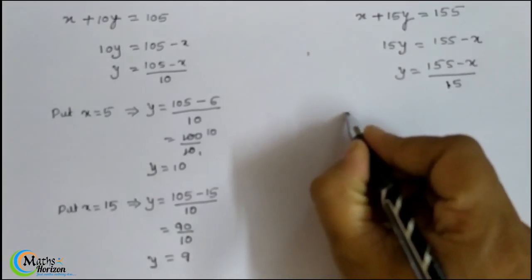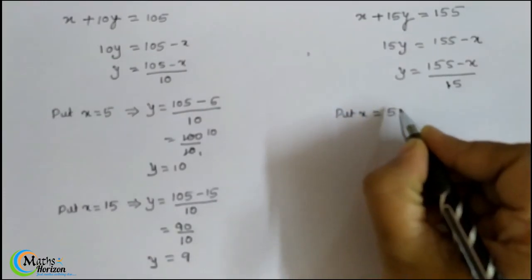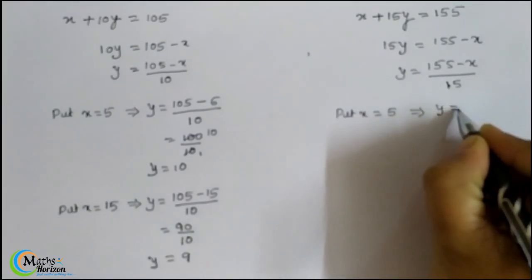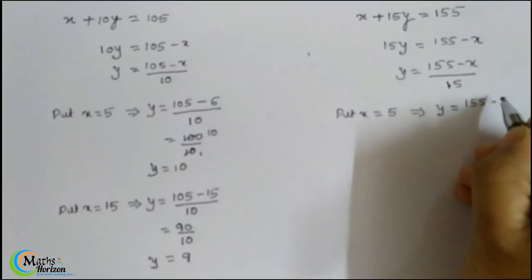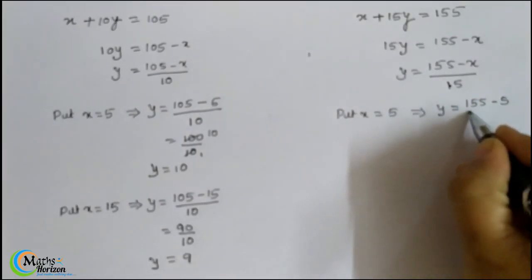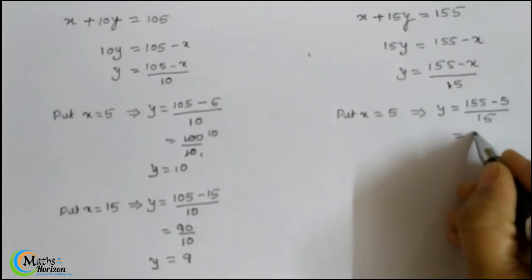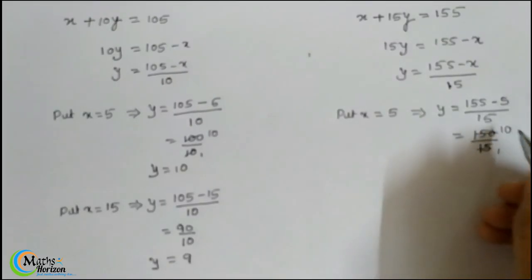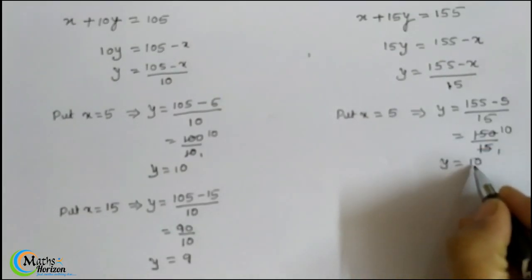Now substituting, put x is equal to 5, which implies y is equal to (155 minus 5) divided by 15. So 155 minus 5 is 150 divided by 15. Here 15 ones are 15, tens are 150. So the y value is 10. For x is equal to 5, y is 10.